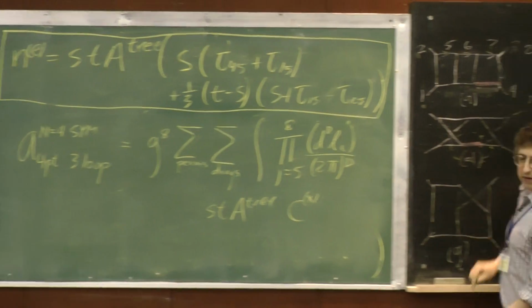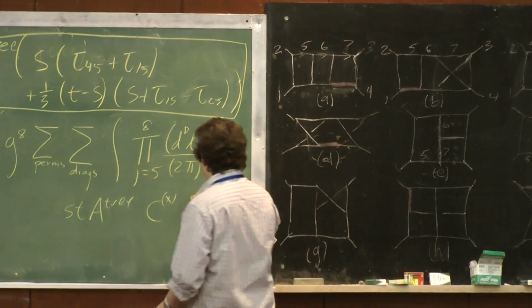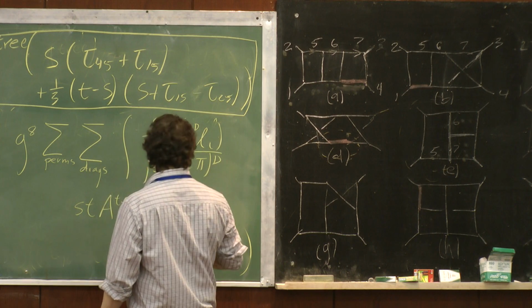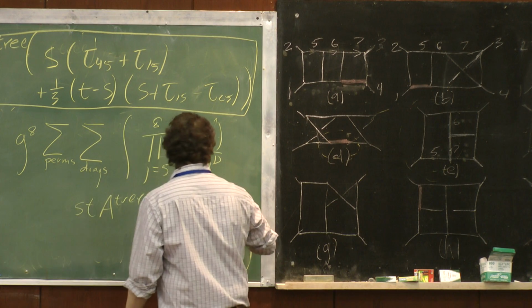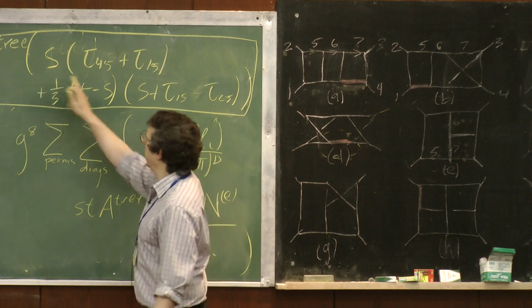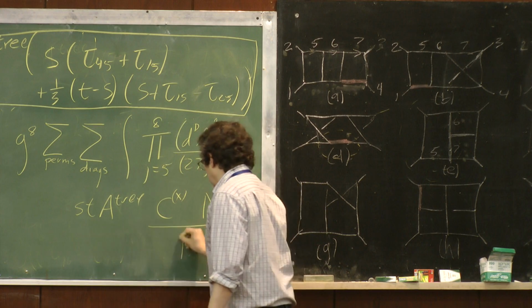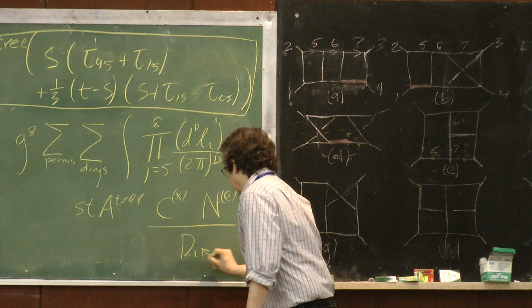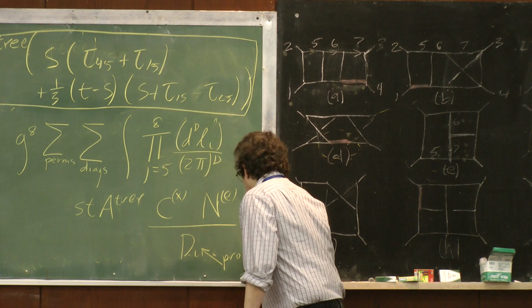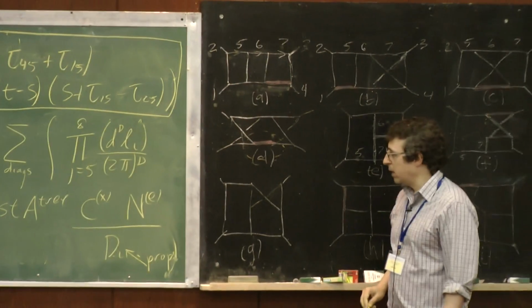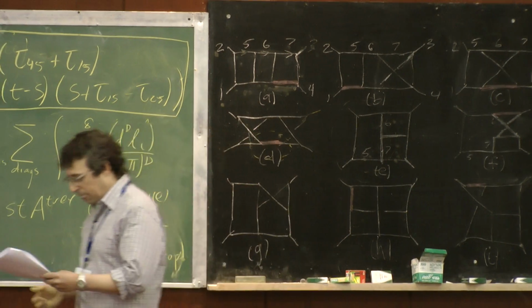Just stick FABCs here. Then we have these numerators. Well, yeah, we have the numerators. So it's just this part here. We have these numerators. And then we have the denominators. These are the Feynman propagators. Okay, what are the Feynman propagators? Just look at the diagrams. Okay, and this is the answer.